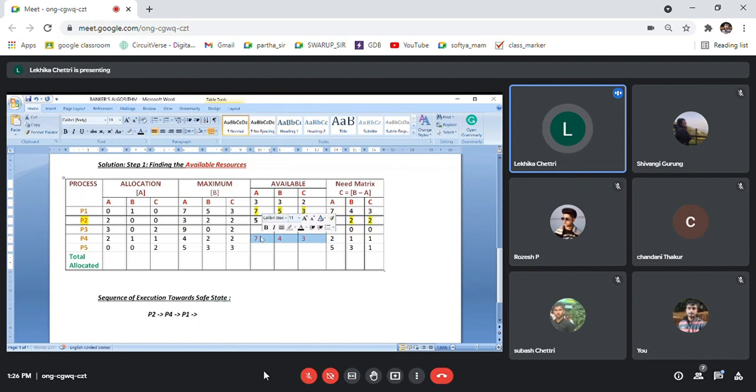This is the updated value now. Let me make it red and remove yellow. So now this is my available.